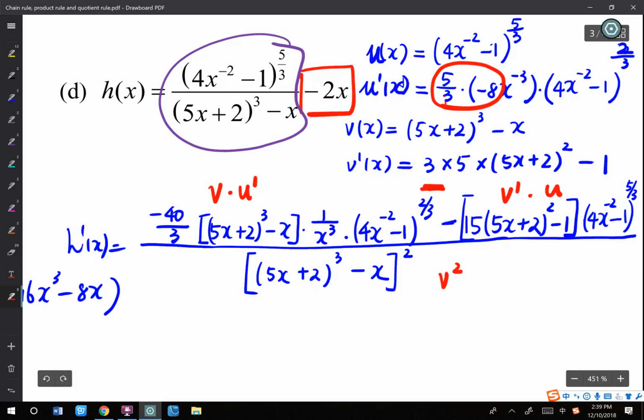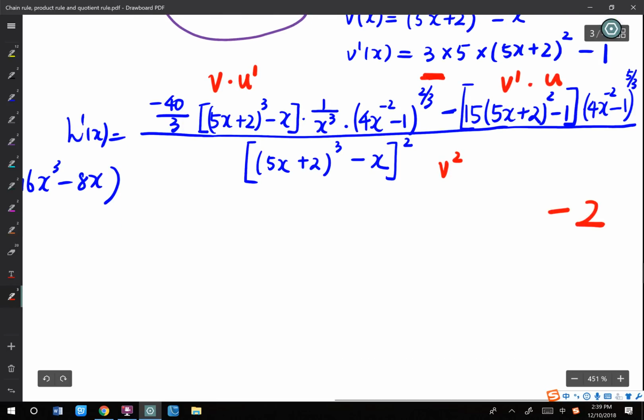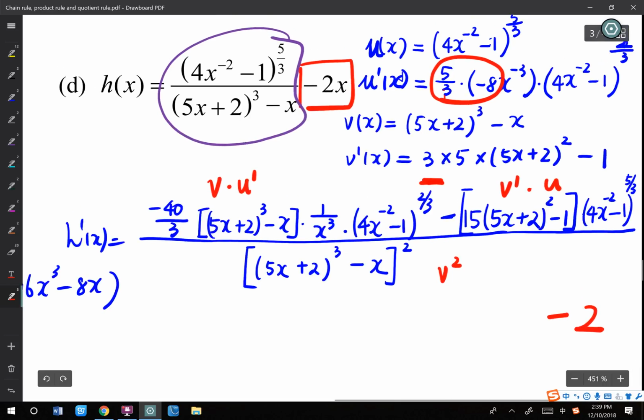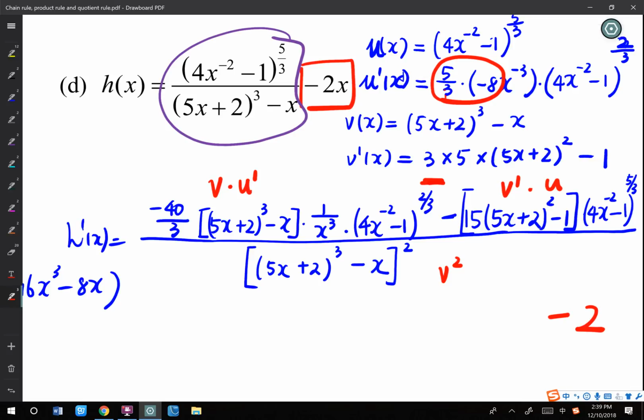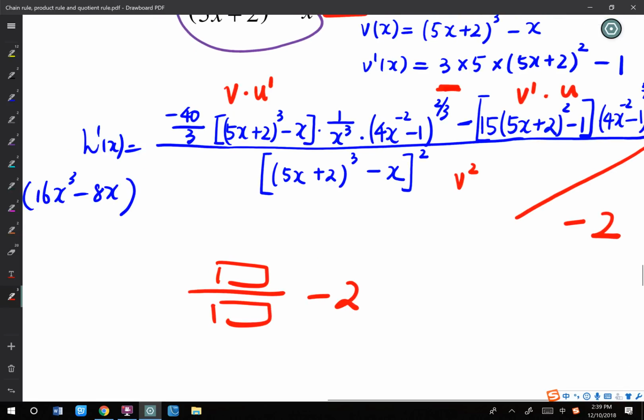But that's only the fraction. I need to have a minus 2 at the back as well. I don't have space to write it, but there's a minus 2 after the whole fraction. So it's the fraction, top, bottom, and then minus 2, because that's the derivative of 2x. You don't forget the minus 2 at the back.